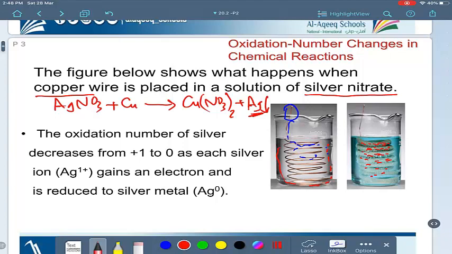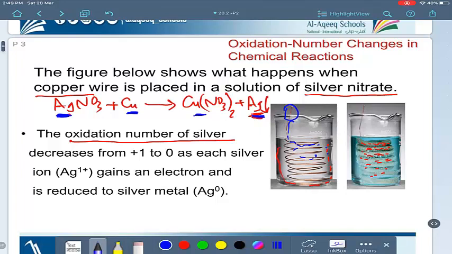Okay, we need to calculate the oxidation number of silver before and after the reaction, or we can say in the reactants and in the products, what change happens. Also, we need to see what change happens in copper before and after.